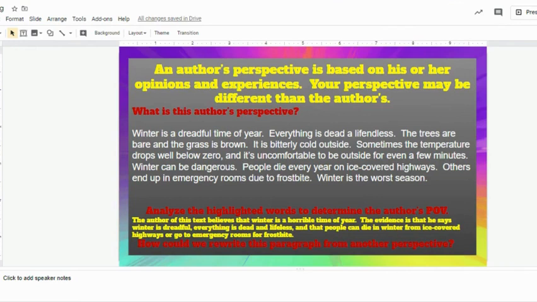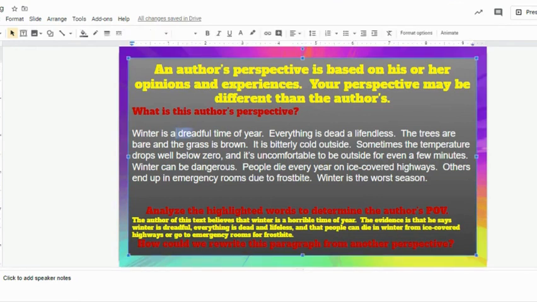It's a horrible time of year. And to pick out evidence, we would say something like, right here, he wrote, winter is a dreadful time of year. Everything is dead in winter. The trees are bare. The grass is brown. It's bitterly cold outside. Okay, so we could pull those out as text evidence.